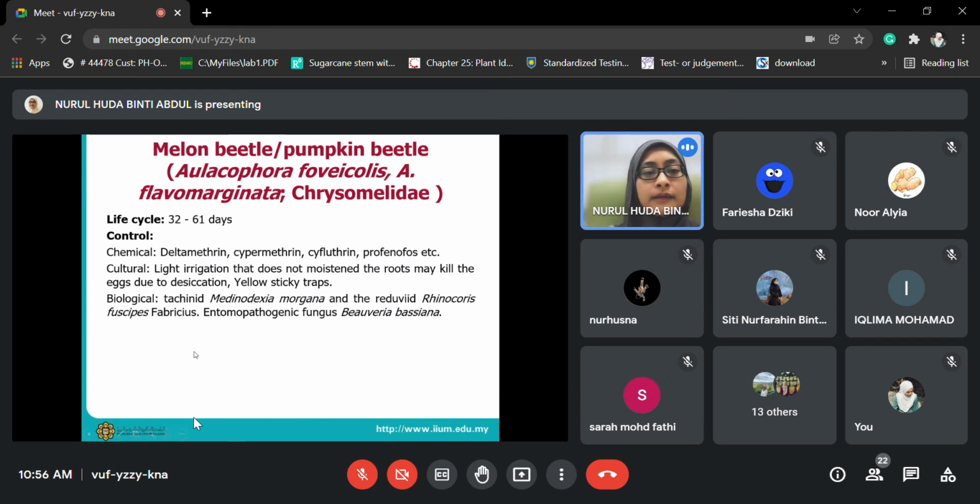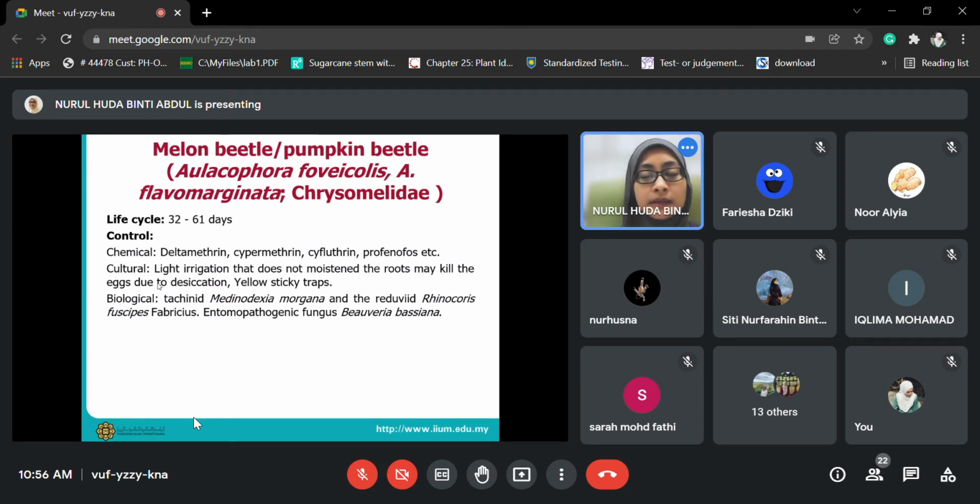Okay. And for biological control, we can use Tachinid. Tachinid is the short word we can write to show the family Tachinidae. Tachinidae is actually a fly that is more like a soldier fly, or flies that eat other organisms or other insects, especially small insects.